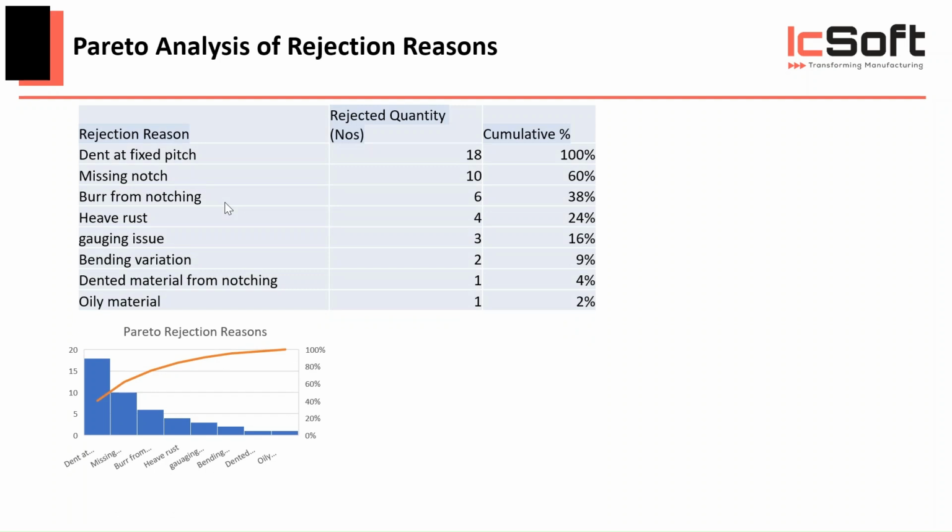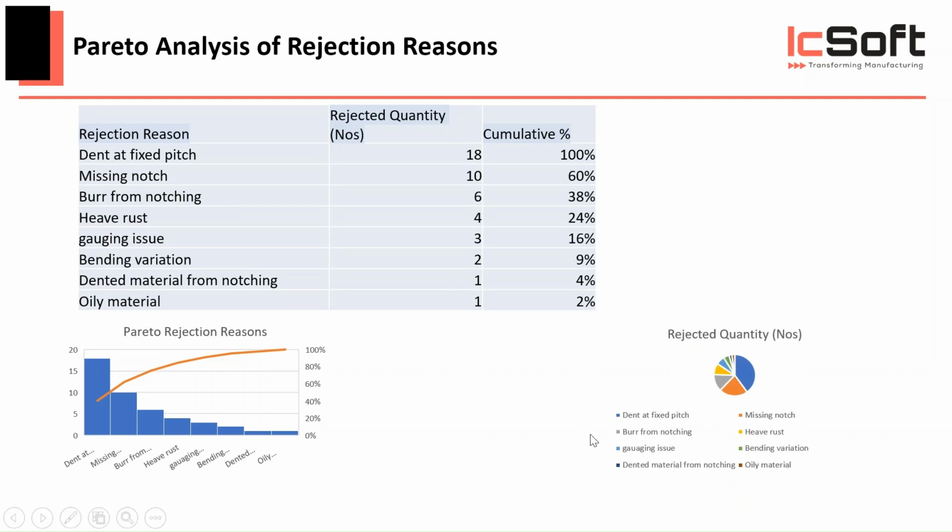So in this case, we can see that dent at fixed pitch is the defect that if we take care of that, majority of our quality problems, not all, but majority of our quality problems for this particular part will get resolved. Another view of this Pareto is a pie chart.